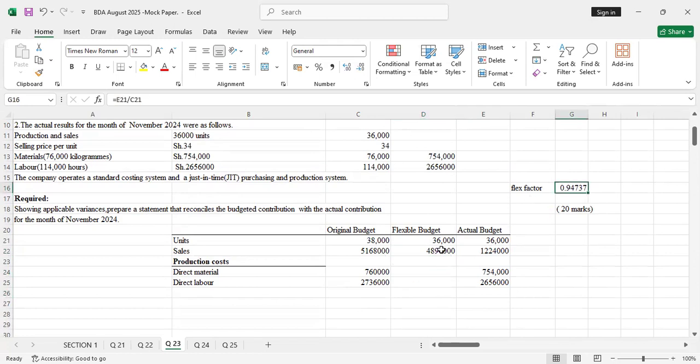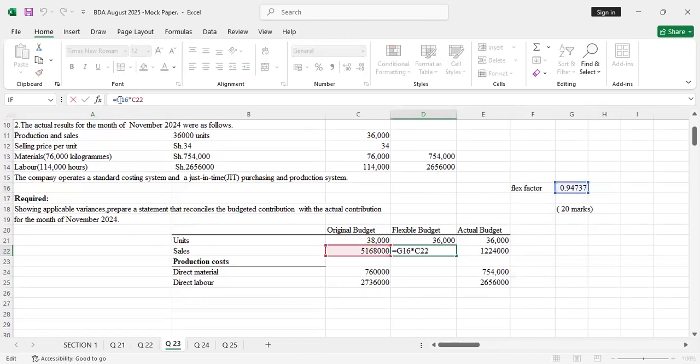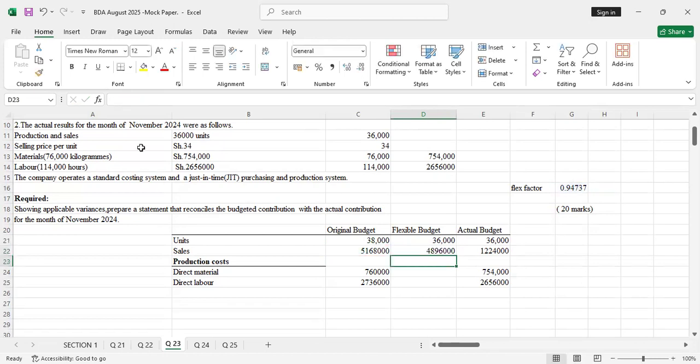I'm going to lock that cell, G16, completely, so that I can drag and save on time. I lock the cell completely, then I enter. Once I'm done with that, just drag that way. Here there was no value, so just delete that 0. But these values are okay, because we have locked it. So we have flexed the budget.